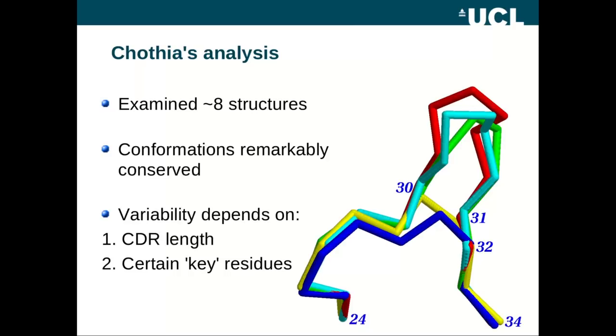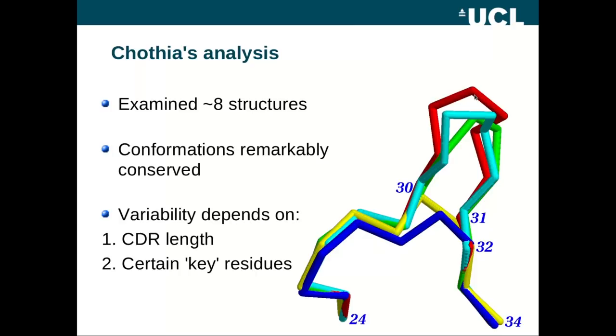So on the right here, I have overlapped 1, 2, 3, 4, 5 CDR L1 loops from different antibodies. And these are differing in length. So the shortest one in dark blue is 10 residues long, up to, I believe, the longest one here in red, which is 17 residues.